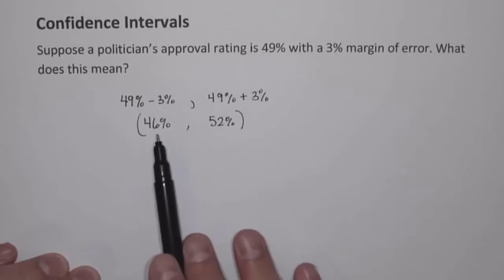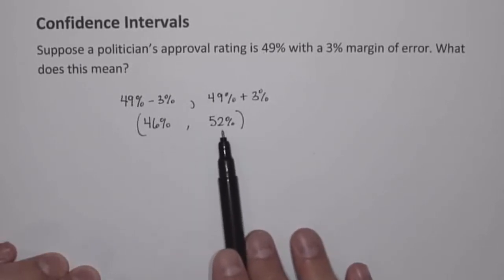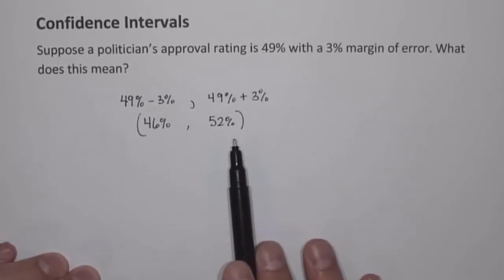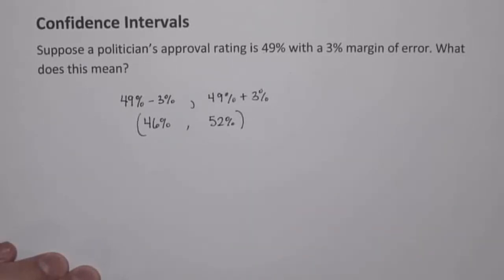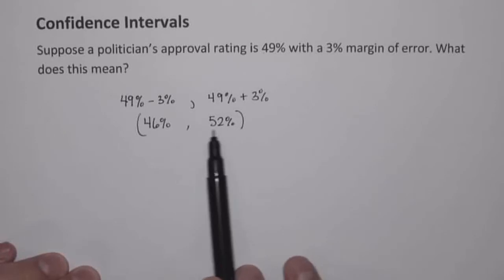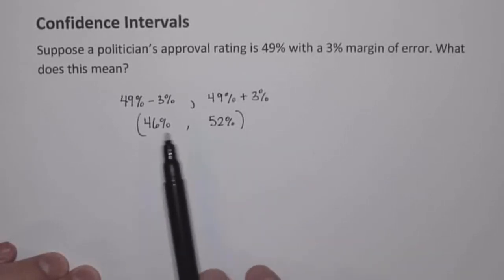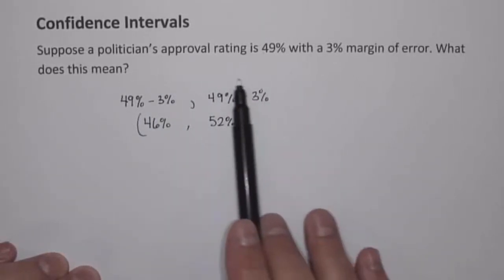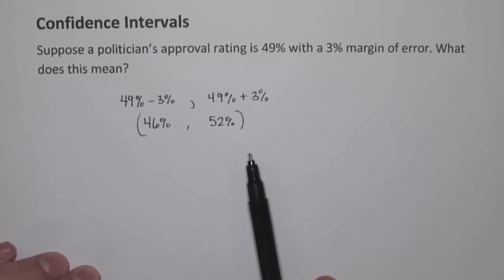So we'll be talking about something called the level of confidence that we will tie with that, because there is a chance that we could be wrong even with this margin of error. Anyway, this is the kind of thing that we're going to be looking at in this particular chapter. And so let's begin.